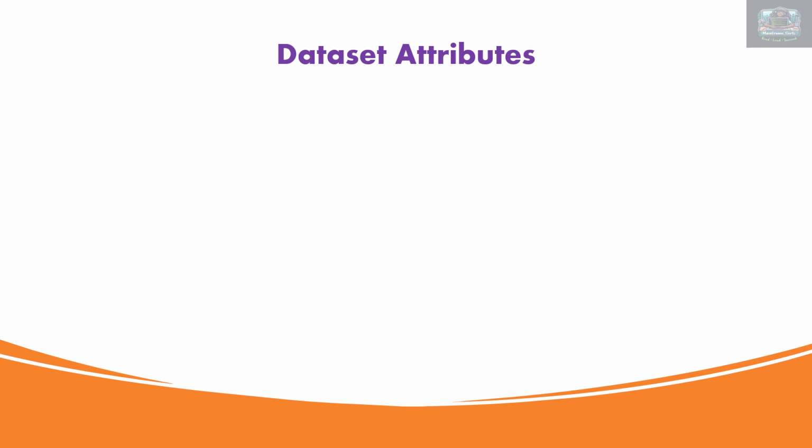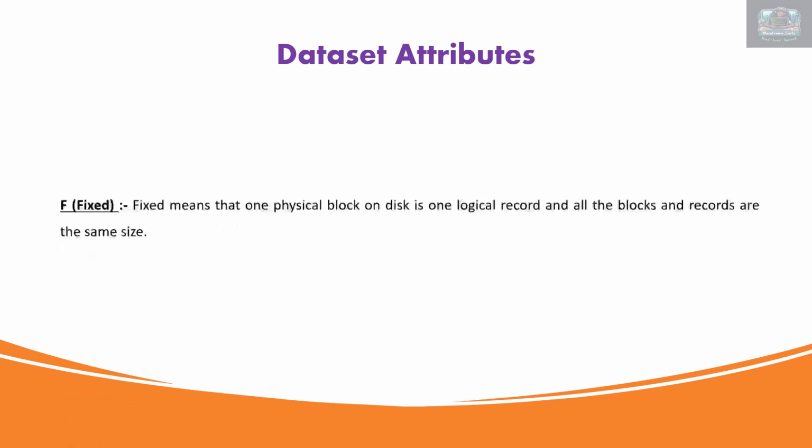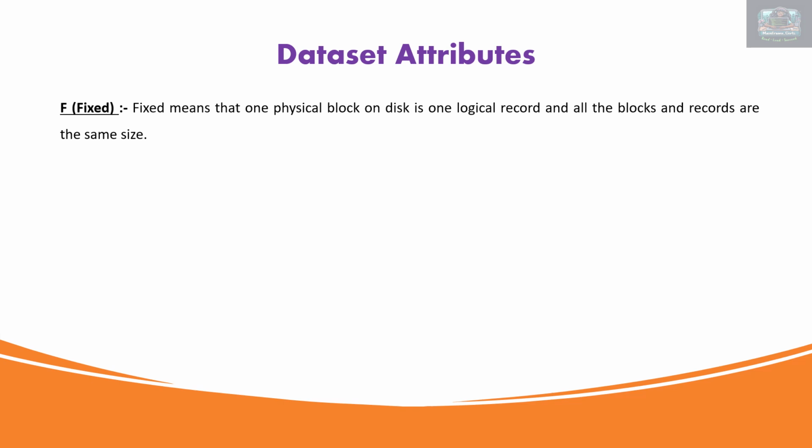Here comes the first type in the record format, that is fixed. As I told you, there can be blocks where the record length equals the block size. In fixed it is the same. The record is equal to the block, so whatever data packets you get, the same packet is the block size and the record.